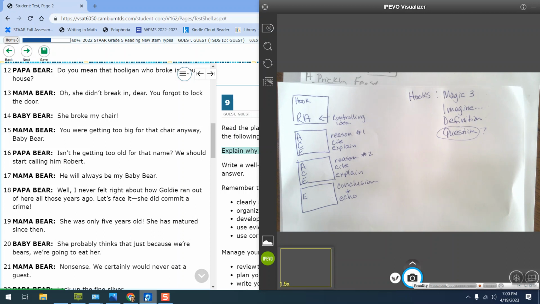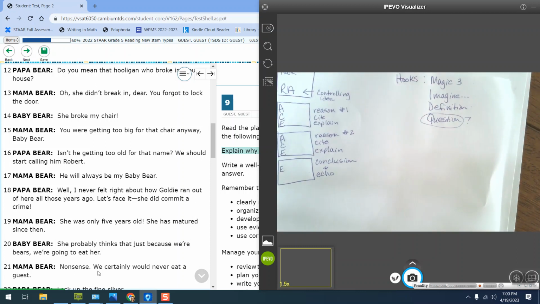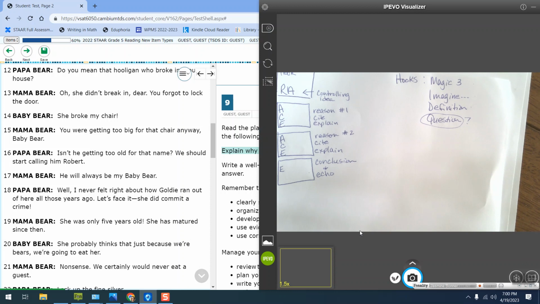The extended constructed response is going to ask you to think a little bit more deeply. And so the first thing I have to think about is my controlling idea or my central idea or my thesis. And I'm going to use the same technique to write that thesis as I used to write my short constructed response. I'm going to use some keywords from this and I'm going to answer the question. So, but again, I'm going to do that on my paper first.